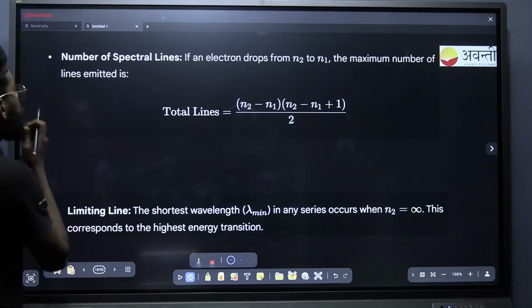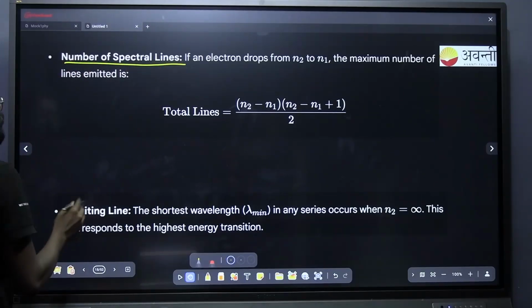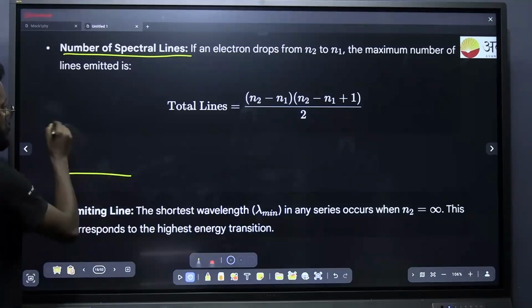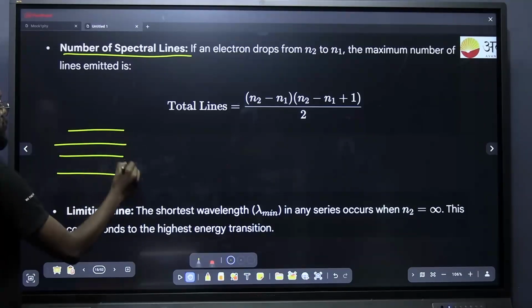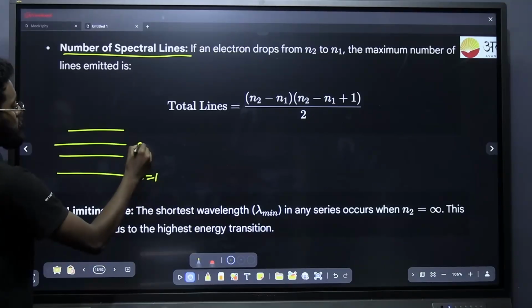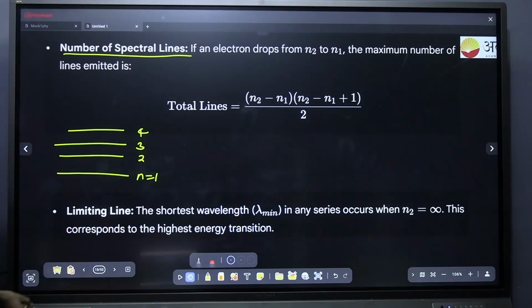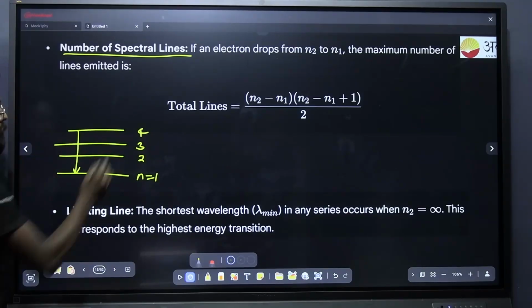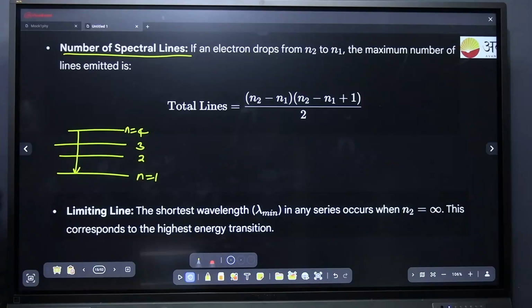Now another important one, number of spectral lines. I will just take an example. Suppose a radiation, n is equal to 1, 2, 3, 4, transits from n is equal to 4 to n is equal to 1.